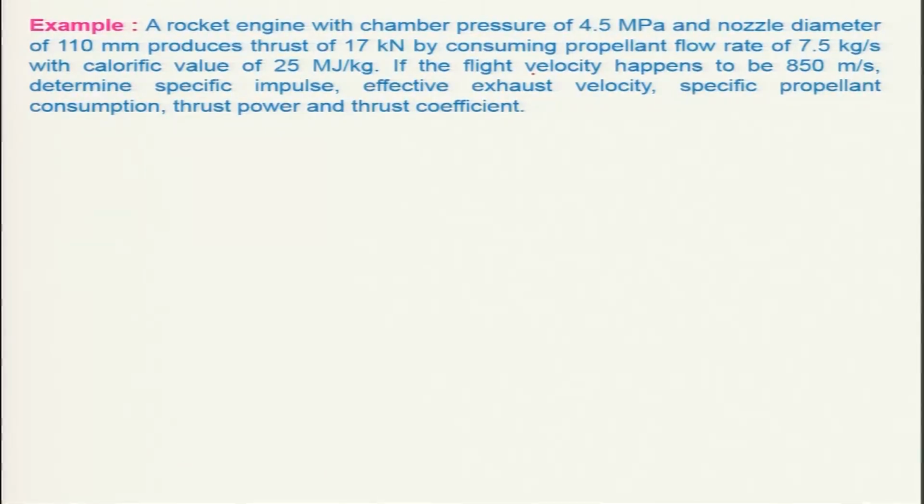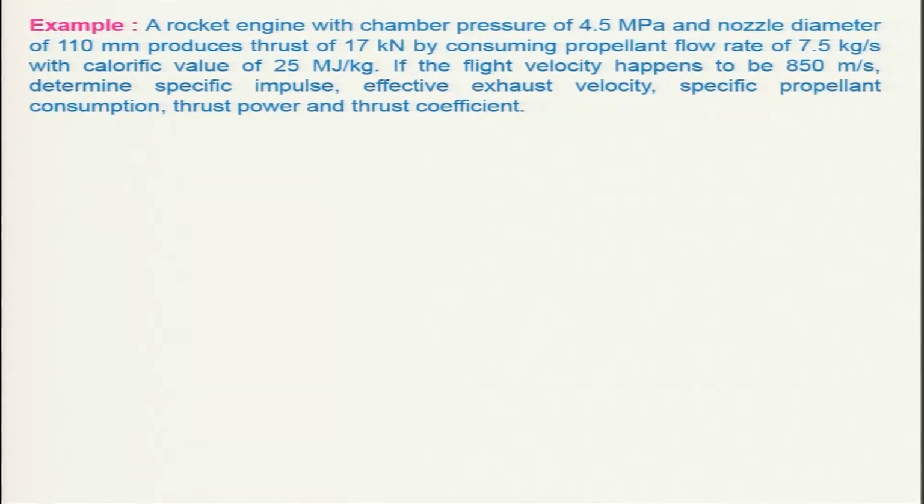If the flight velocity happens to be 850 meter per second, determine the specific impulse, effective exhaust velocity, specific propellant consumption, thrust power and thrust coefficient. This example is taken just to illustrate how we can estimate the performance parameters.